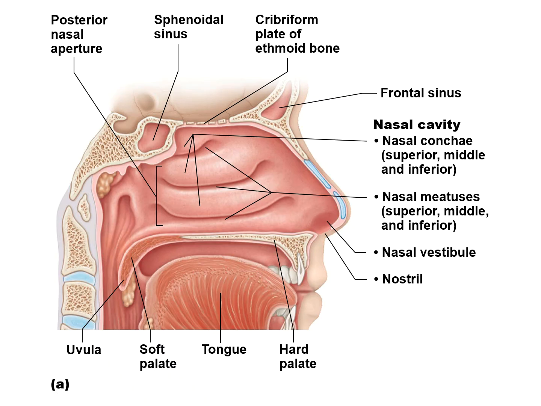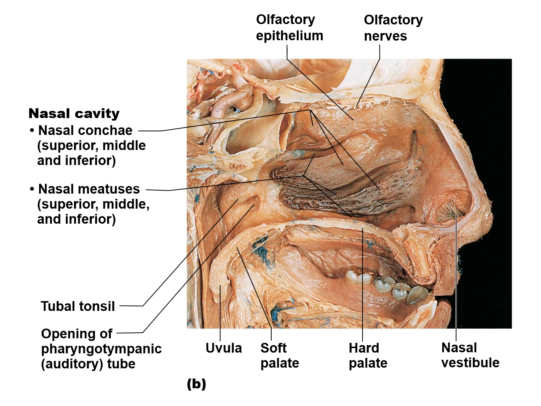And they're taking a look at a cross-sectional view. So you can see those three nasal conchae, superior, middle, and inferior, and the meatus in between them, as well as the sphenoidal sinus, the frontal sinus, those kinds of structures. There it is looking at it from a cadaver.